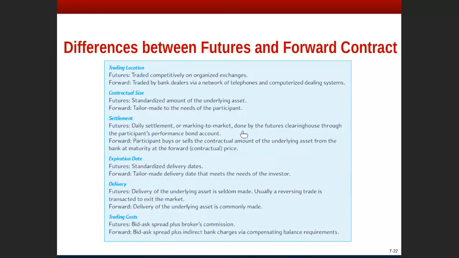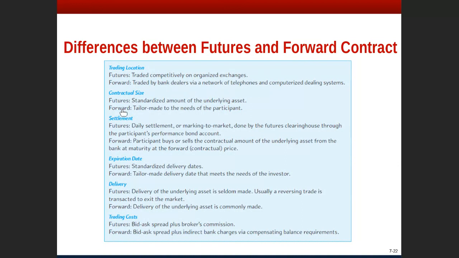Again, he has summarized the differences between futures and forward contracts. Trading location: with futures, you're looking at organized exchanges. Forward contracts are traded by bank dealers via a network of telephones and computerized dealing systems.